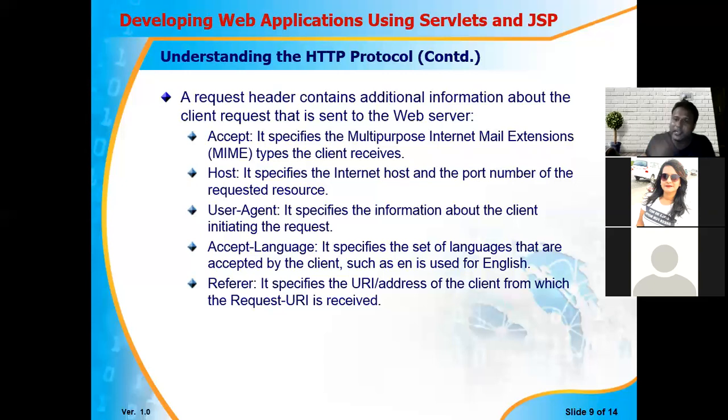So you are given an address gmail.com, you are giving an address like facebook.com, so that is called the referrer. So it specifies the URI address of the client from which the request URI is generated. So it is all about your basic understanding of how your website and web architecture is working.